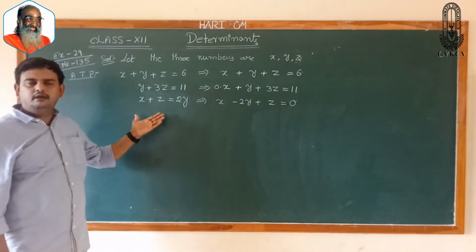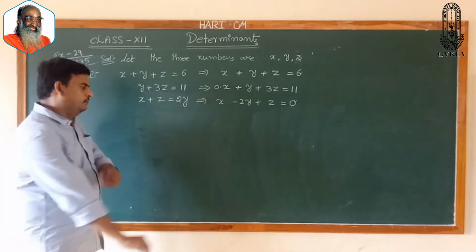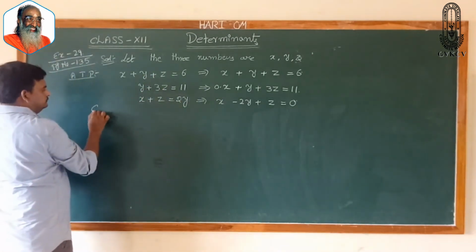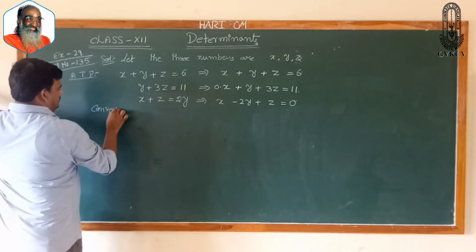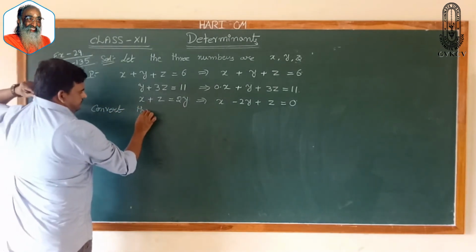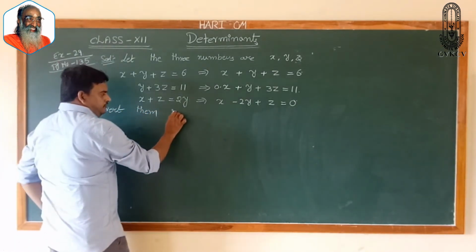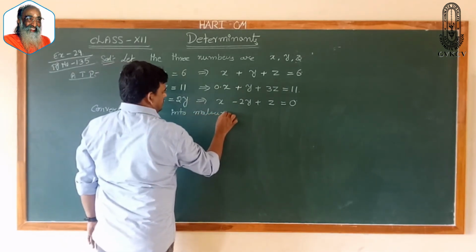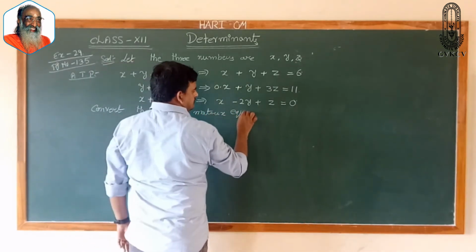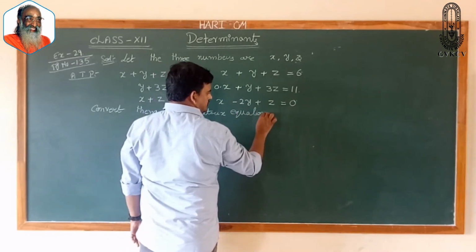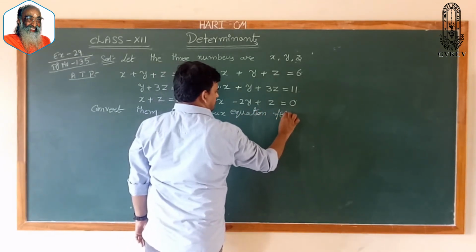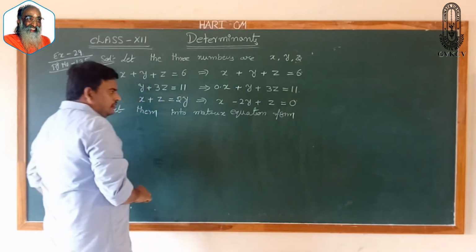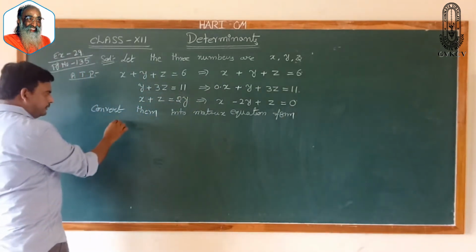We have to make it in matrix form. Let us convert them into matrix equation form. Once you make it, what do we get?